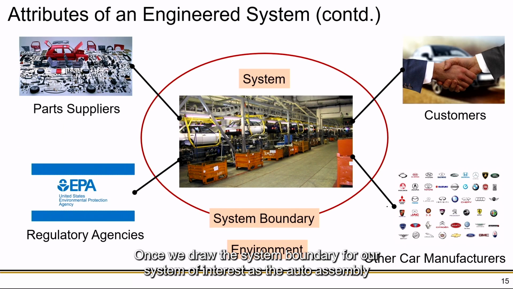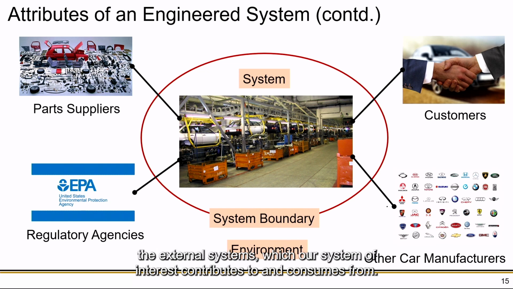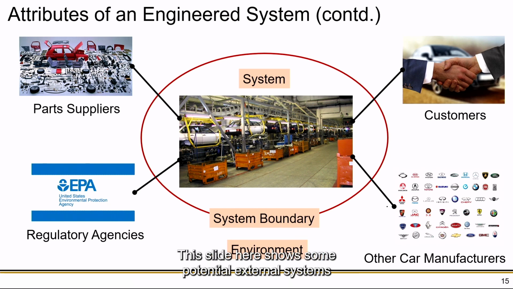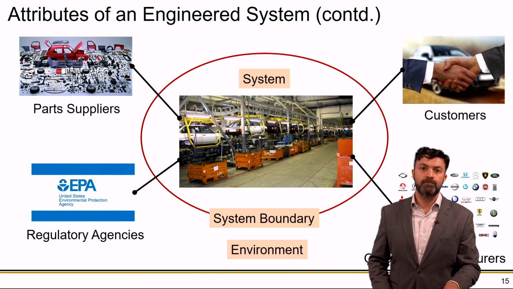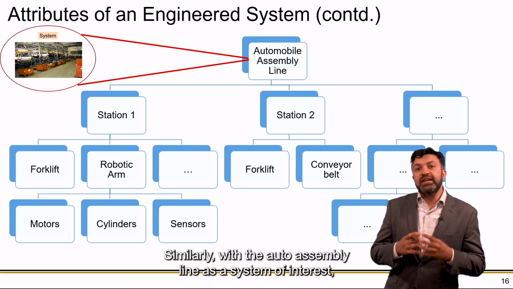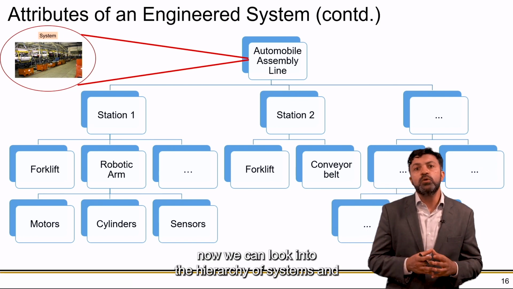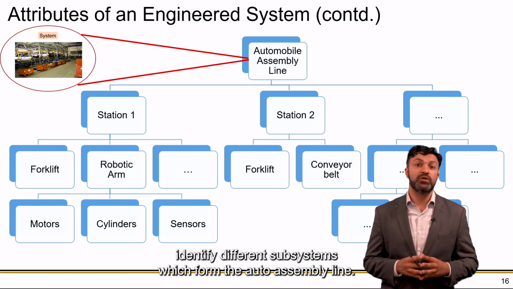Once we draw the system boundary for our system of interest as the auto assembly line, we can identify the environment in which the system operates and external systems which our system of interest contributes to and consumes from. This slide here shows some potential external systems which the auto assembly line will interface with. Similarly, with the auto assembly line as a system of interest, now we can look into the hierarchy of systems and identify different subsystems which form the auto assembly line.